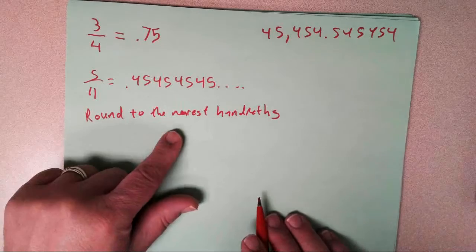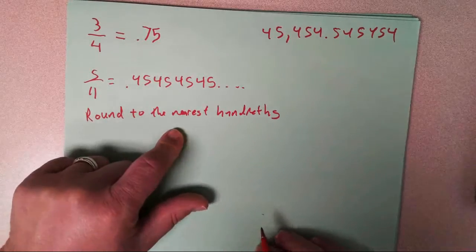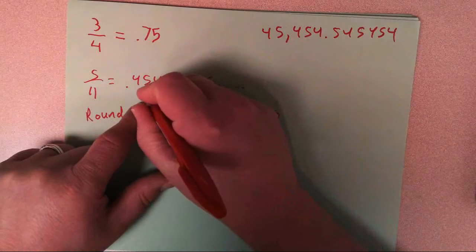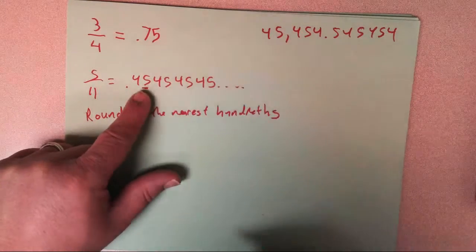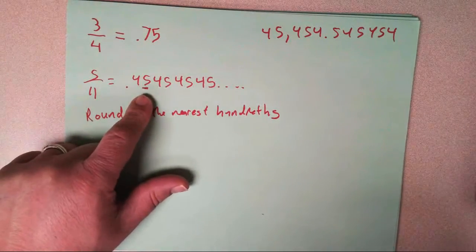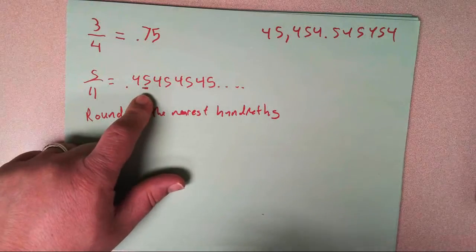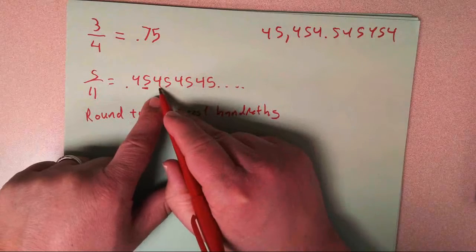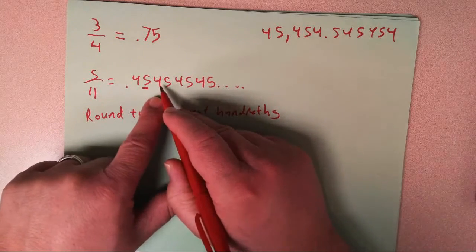Okay, so when it says round to the nearest hundredths, it means round to 2 decimal places. So what I need to do is round this number either up to 6 or back down to 5. Okay, and the way you decide is you go to the next decimal place over. In this case, it's a 4.